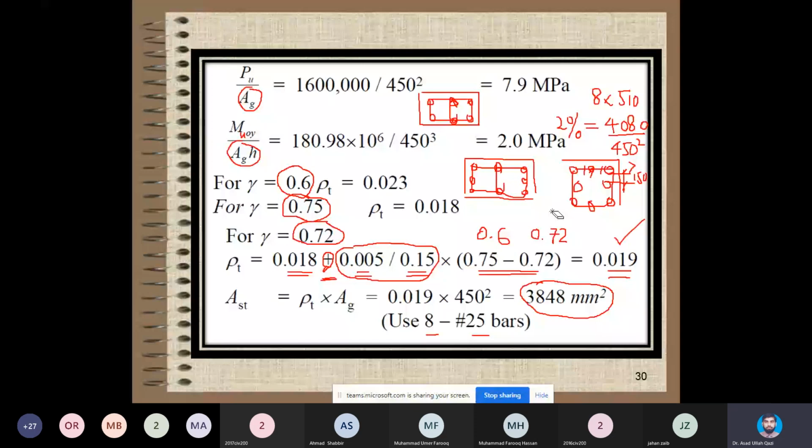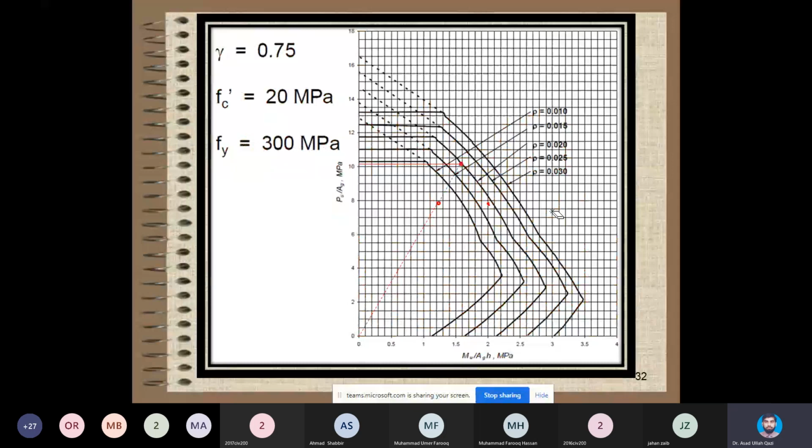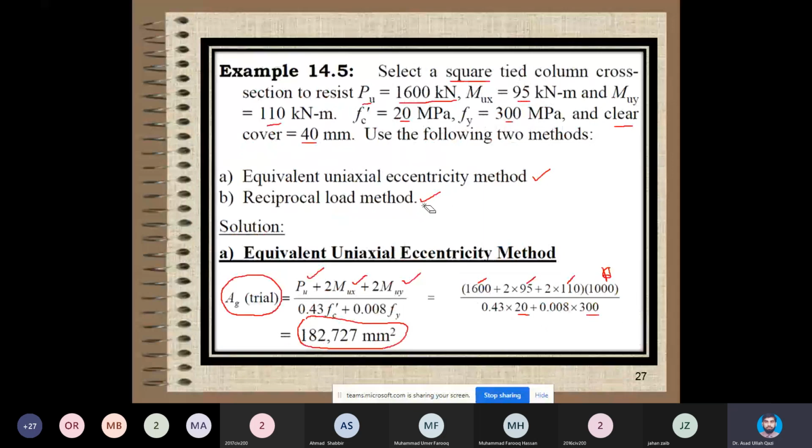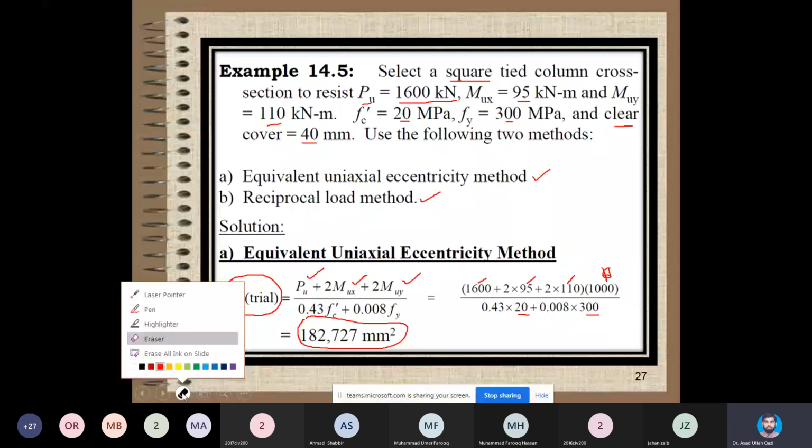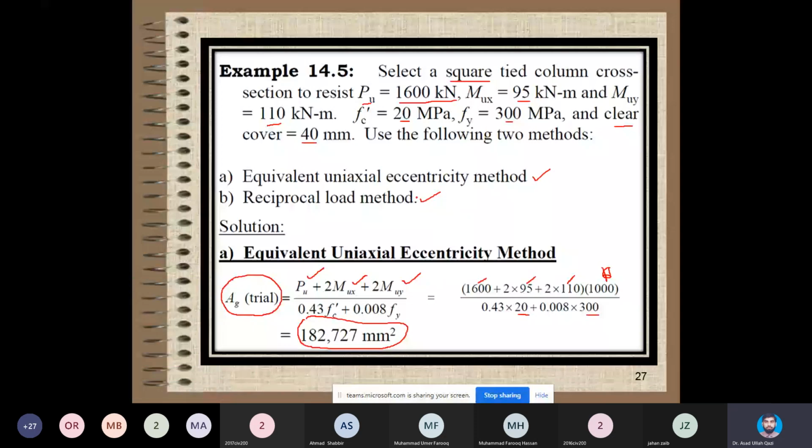Now comes the second question, second part of the question, which is actually to apply reciprocal load method. Now, as I said earlier, that reciprocal load method is a review technique.